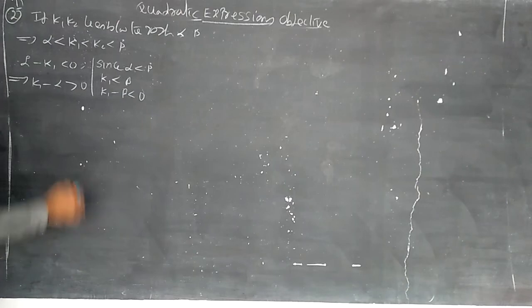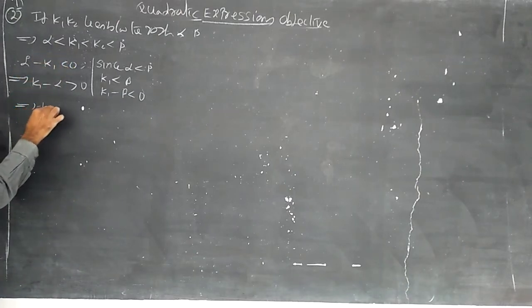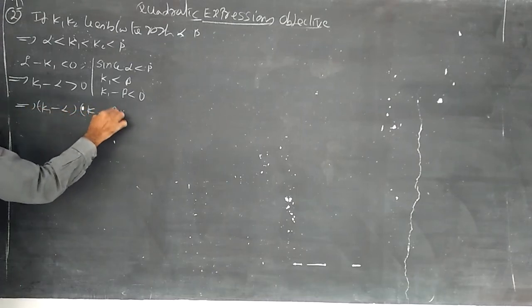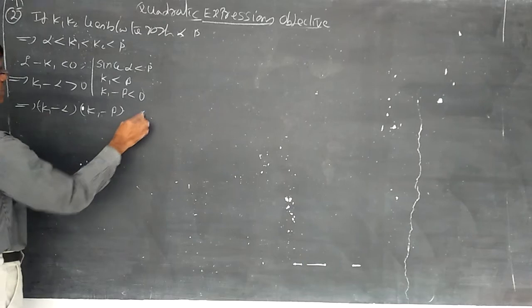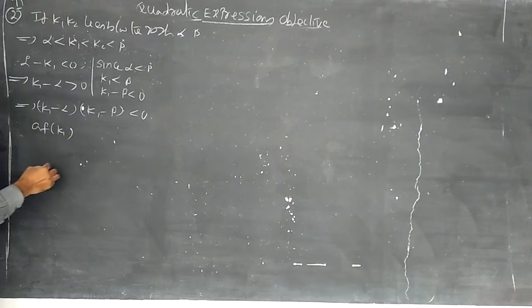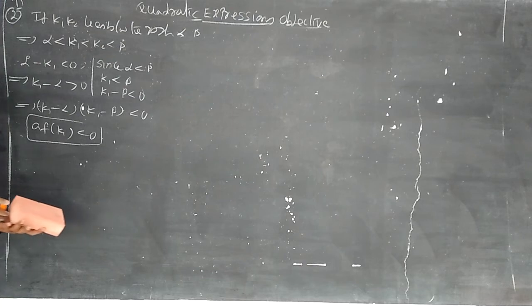Now k1 minus alpha greater than 0, and (k1 minus alpha)(k1 minus beta) is plus into minus. Therefore a into f of k1 less than 0. This is the first case.